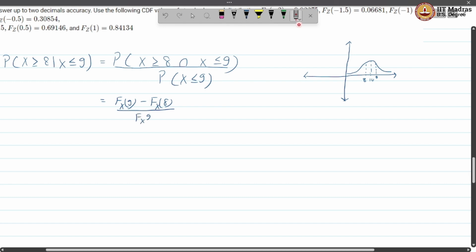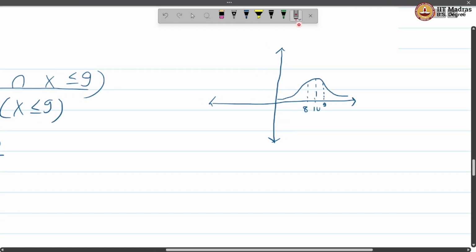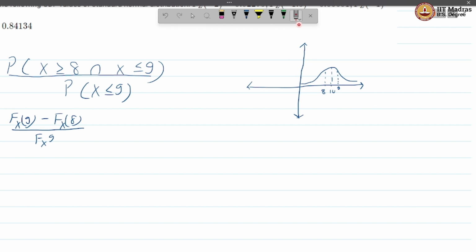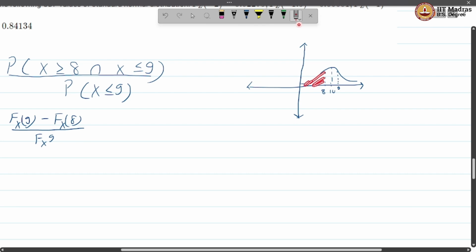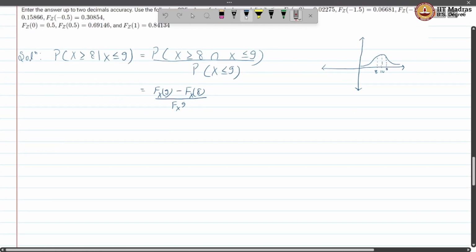So if we are subtracting Fx(8) from Fx(9), that is, if we are subtracting the probability that x is less than equal to 8, which is this area, from the probability that x is less than equal to 9, which is this area, we'll get the area between 8 and 9, which is this. So now let us separately find the required probabilities.